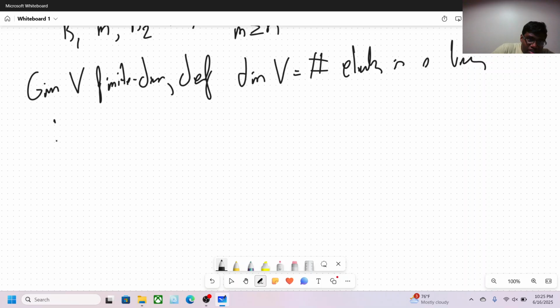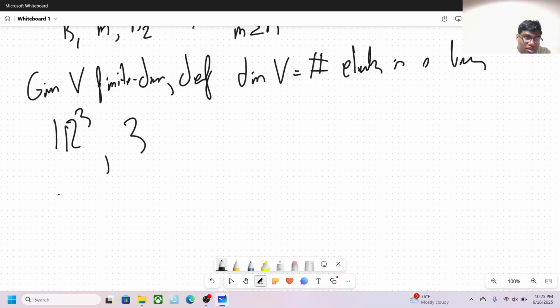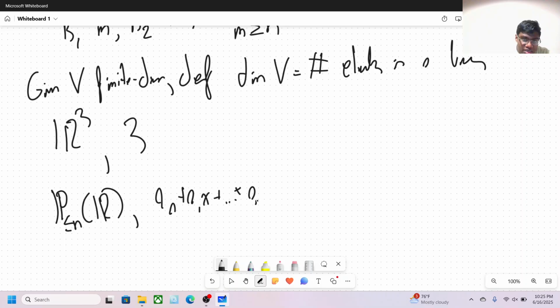So in R3, maybe, what is the number of elements in a basis? 3. In polynomials of degree less than or equal to n, what is the number of elements in a basis? We have a0 plus a1x plus dot dot dot plus an x to the n. And I think you can convince yourself pretty easily that 1, dot dot dot, x to the n is a basis. Hence, there are n plus 1 elements in a basis.